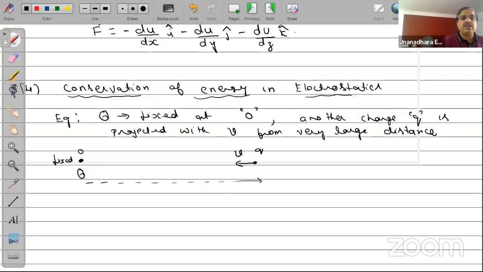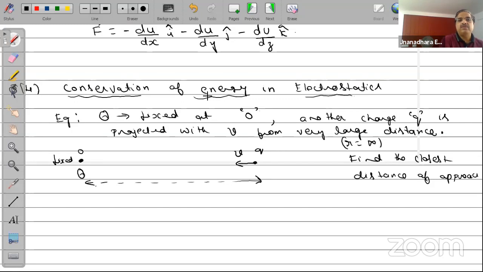Whenever I say a very large distance, you take this r to be equal to infinity. That's what it means in physics. So now I'm going to consider that this will be projected. Now the question: find the closest distance of approach.